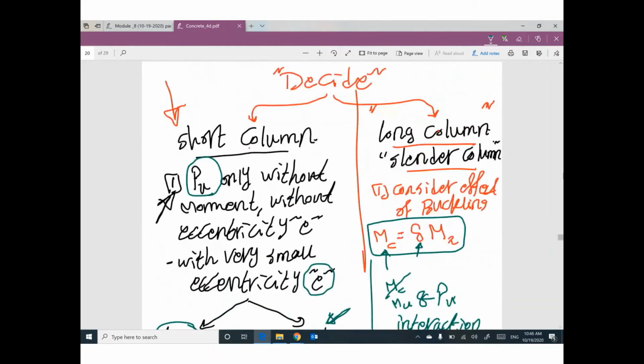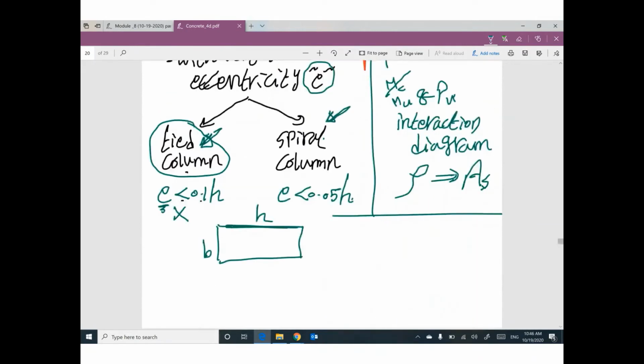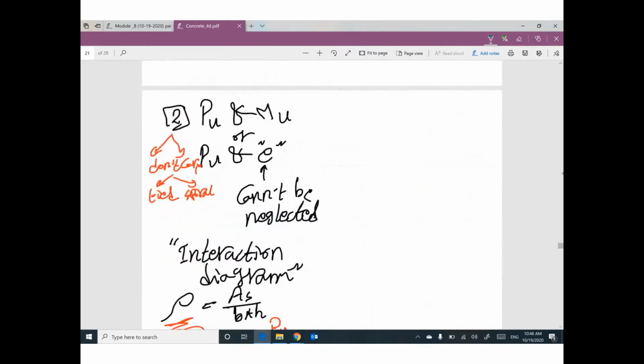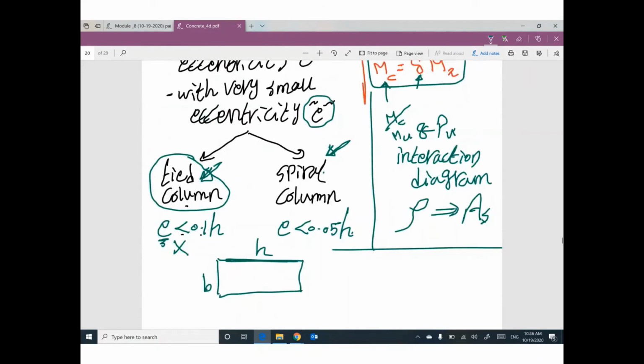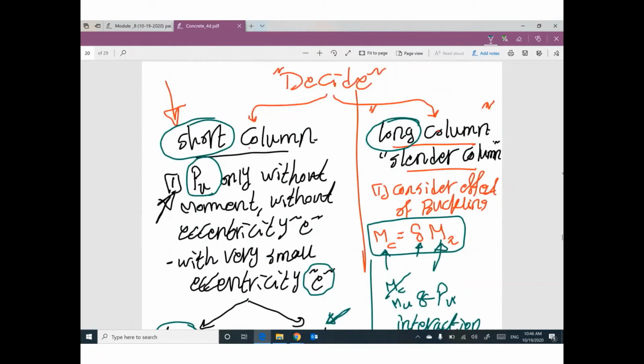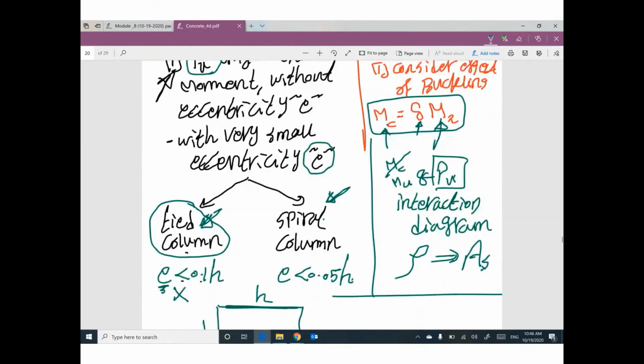So the only difference between a short column and a long column in using the interaction diagram is this: for a short column, use the given moment and the applied force as they are. We don't need to make any change. But if your column is long, the moment will be multiplied first by delta to consider the effect of buckling. Once you have this moment, beside P ultimate, we can use the interaction diagram to design the column.